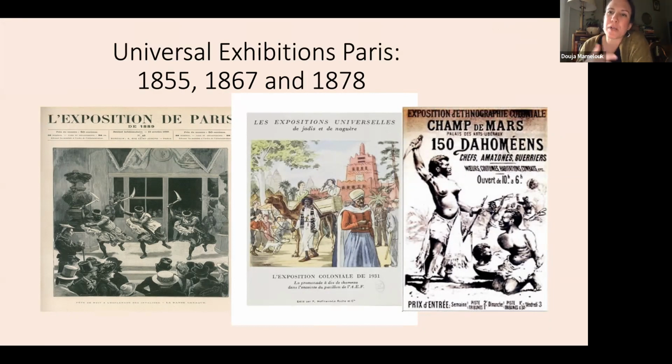Not only were the French, the Belgians, the Italians present in Africa, but they also imported Africans for the purpose of exhibiting their bodies. And they, of course, made money off of this endeavor.